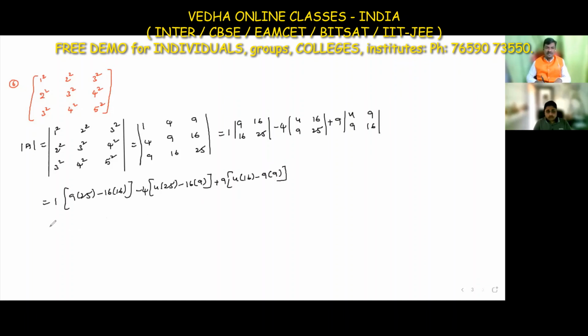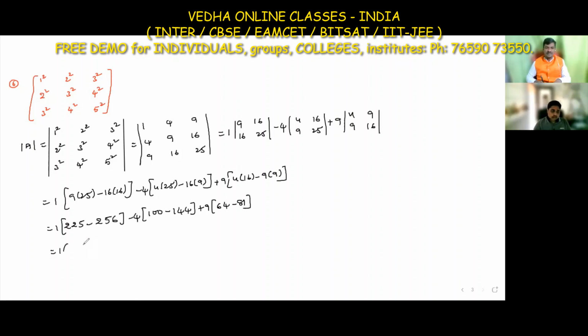This equals 1 into 25 nines: 25 fours are 100, eights are 200, nine times means 125 extra, so 225, minus 16 into 16, which is 256. Minus 4 into 25 is 100, 16 into 9 is 144. Plus 9 into 16 fours are 64 minus 9 nines are 81.